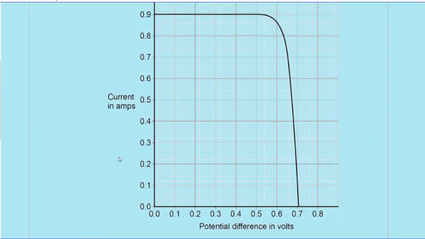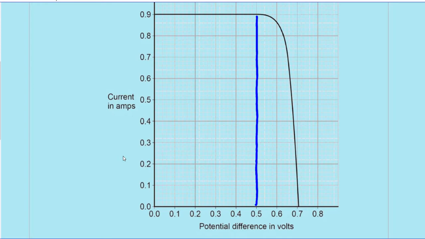Okay, so what the marker will be looking for is that you have actually drawn a line physically on your graph starting at 0.5 volts and going up to check what the current is at that point.